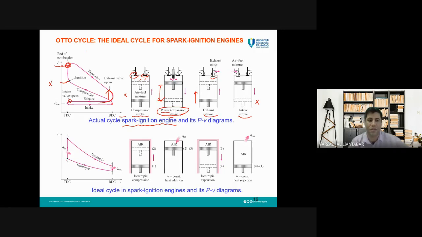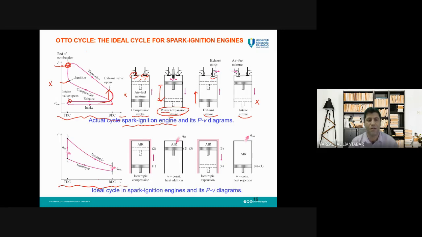And also it is assumed that we have another constant volume process from state 2 to state 3, which is the power stroke. It is assumed that the piston is in a constant place, but the energy comes to the system and its pressure is increased. So you can see how the actual cycle is simplified to this cycle.